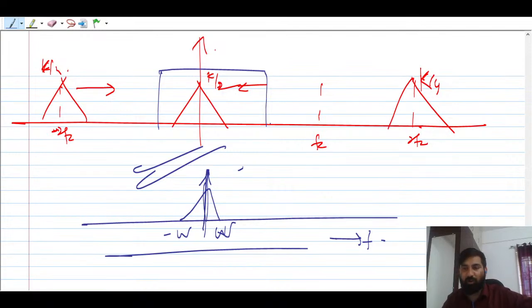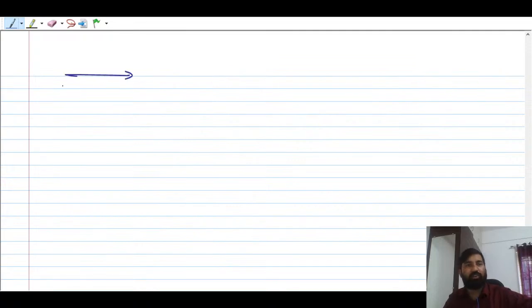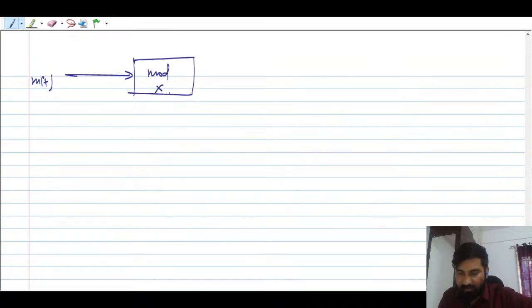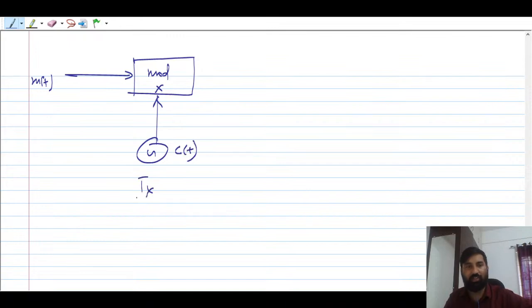How does our product modulator look? We will take this empty box here and put this in, which is nothing but a product modulator. This is the modulation that is happening. You are multiplying the message signal with the carrier signal generated by the local oscillator. This is the transmitter end, and this is going to be your antenna.